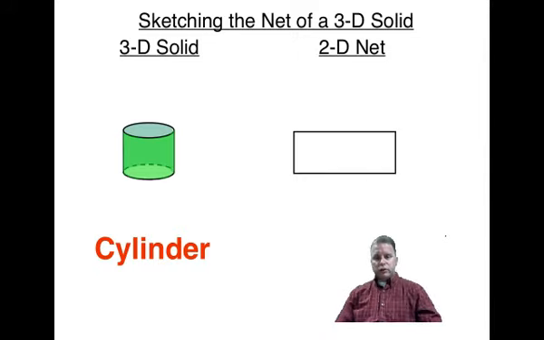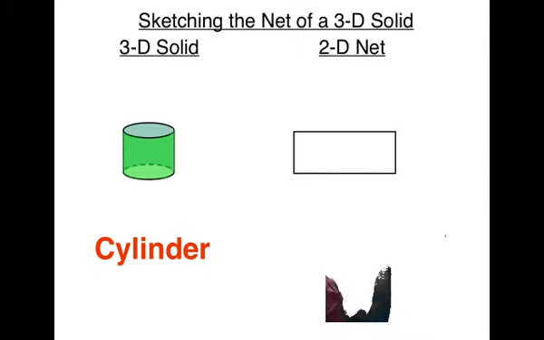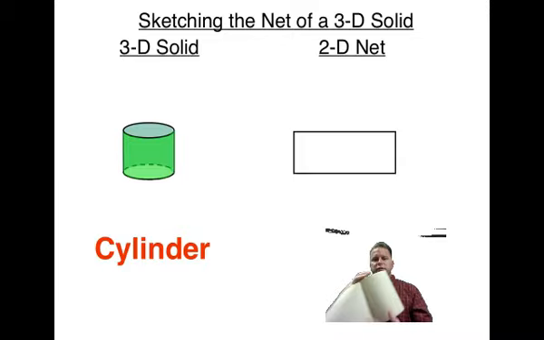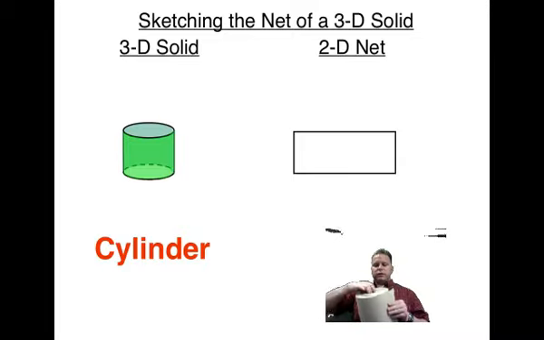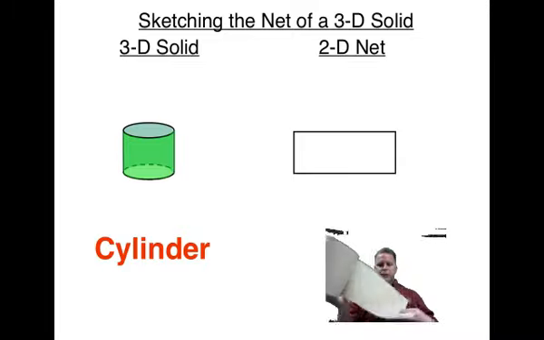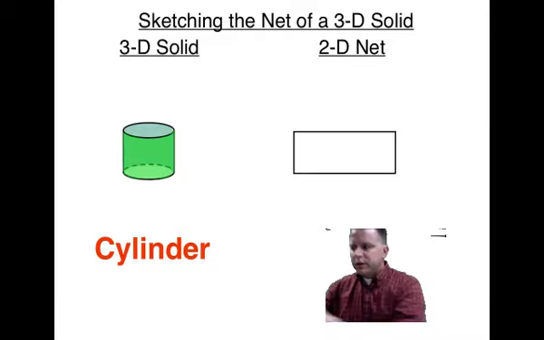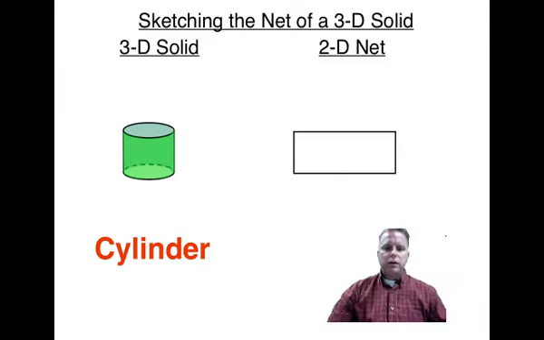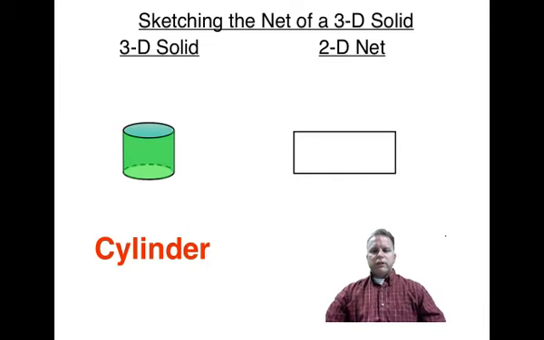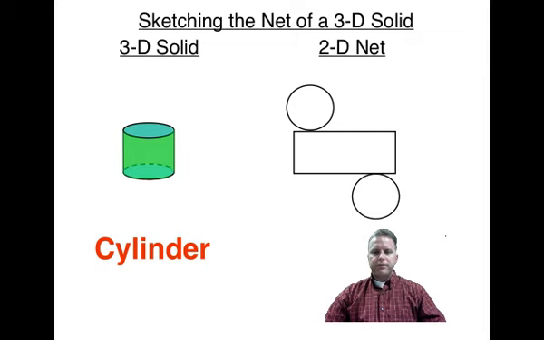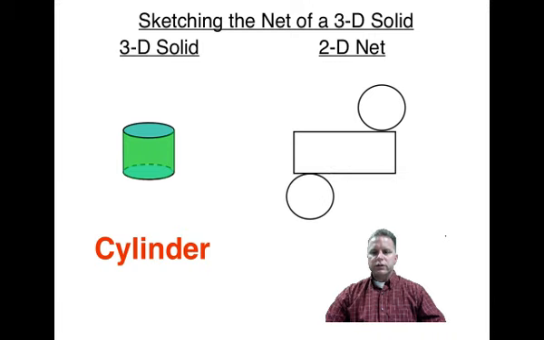Now what I like to show in class is, if you think of this as your cylinder, if you unwrap it, you get that rectangle. Then you have your top and your bottom. And it doesn't really matter where the top or the bottom goes, because when you fold them over, you'll get back to your original cylinder.